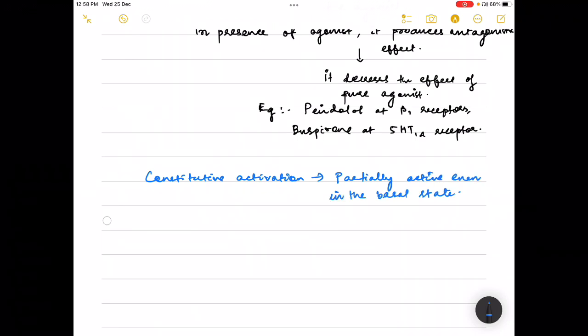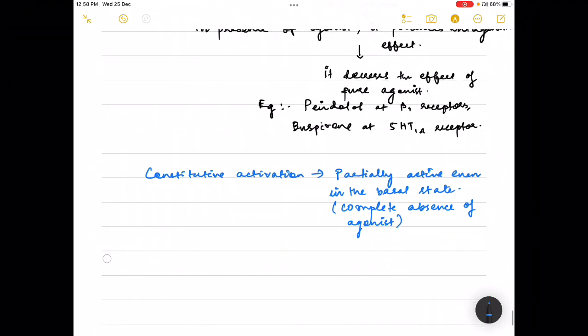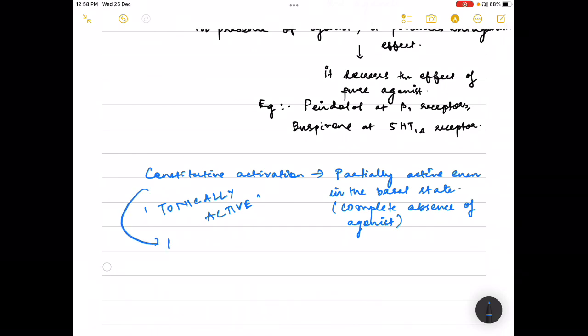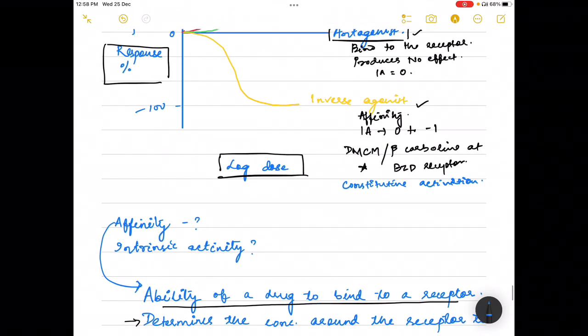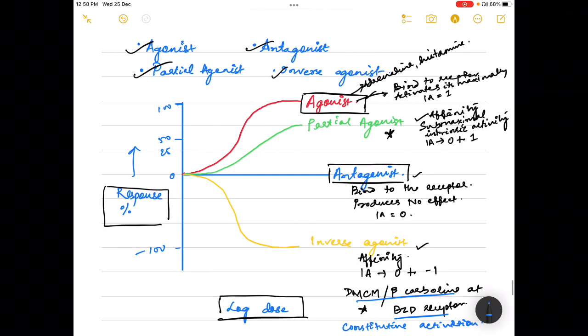This may be asked if you are an honors student. In complete absence of agonist also, the receptors are active. In other words, they are tonically active. So in these receptors only, there is action of the inverse agonists. And we remember the example of inverse agonist: beta carboline at benzodiazepine receptors.